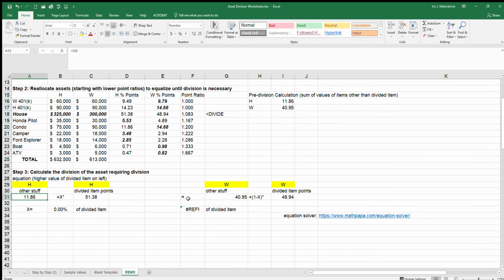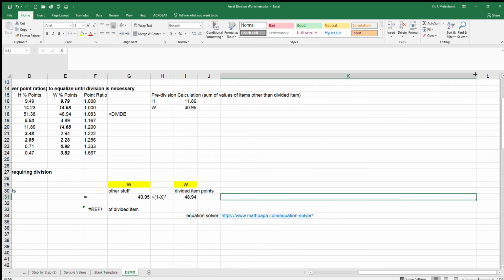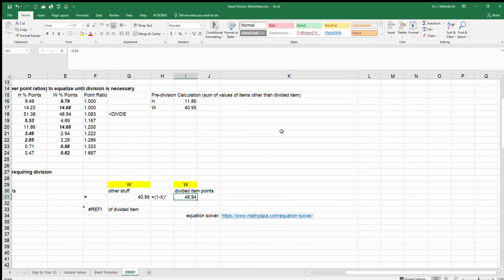Just so you can kind of see how that works, although I'm going to move my screen over just a little bit to make that happen.